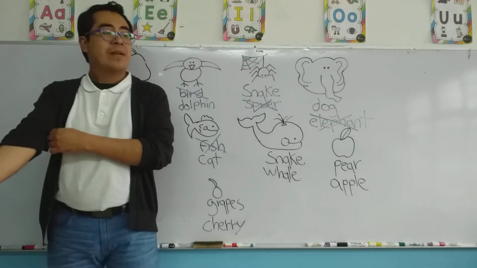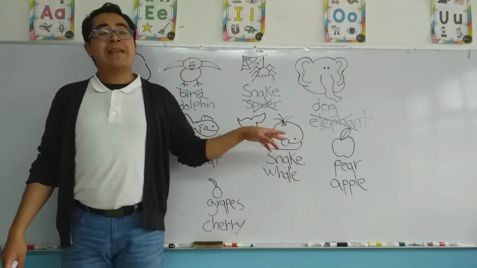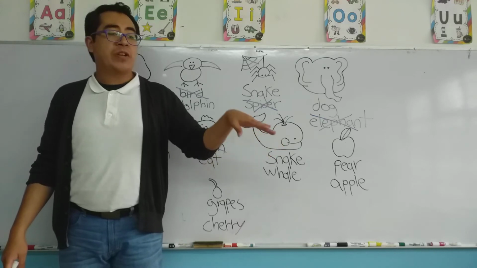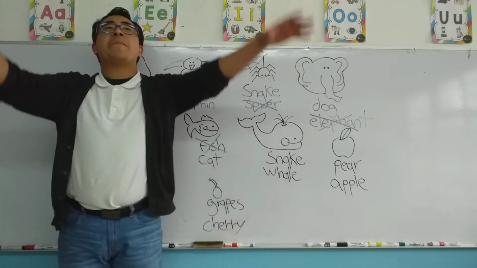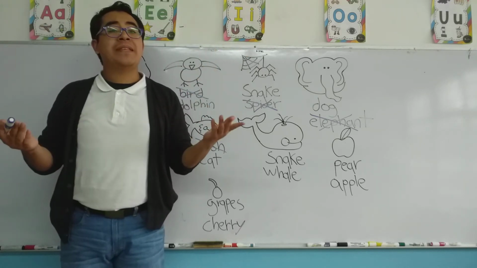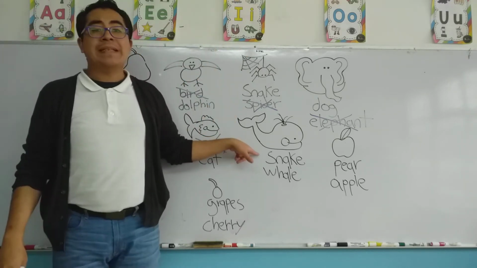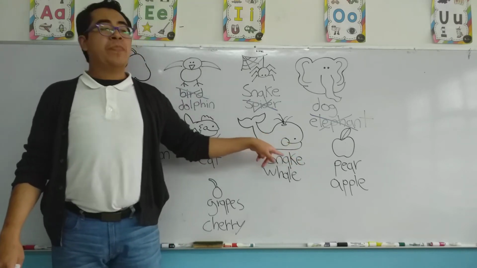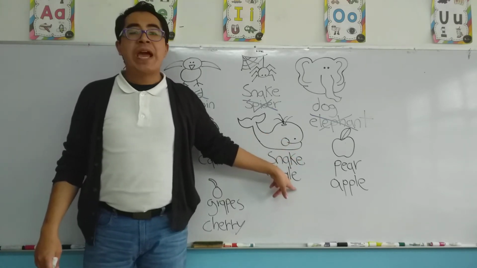Next to, we have an animal that is also part of the sea, and it's the biggest animal in the world. What is it? On it says snake, under it says whale.